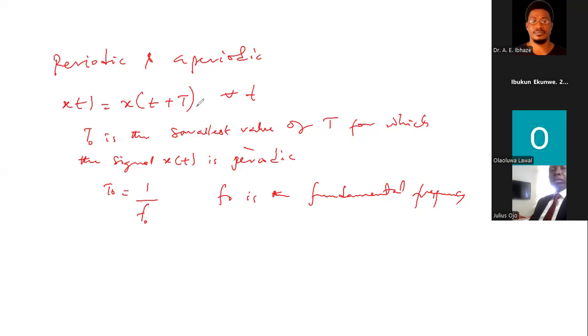So it means there are multiple values of t, if t naught, which is the fundamental time period, is the smallest value. Does that answer your question?